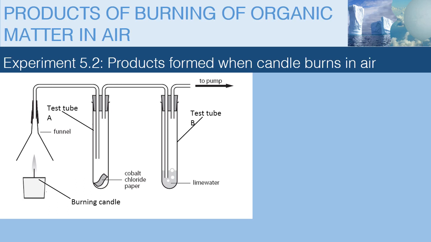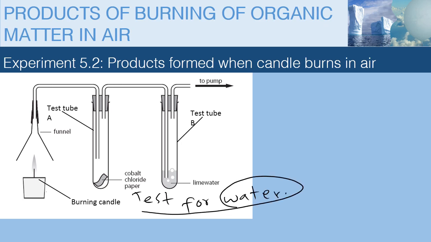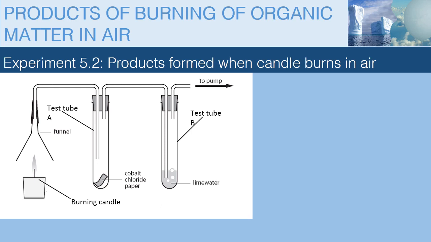In test tube A, we'll observe that the blue cobalt chloride paper turns to pink, which is actually the test for the presence of water. So one of the products is confirmed to be water.